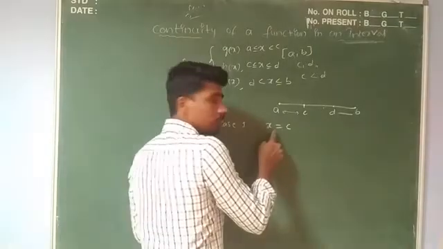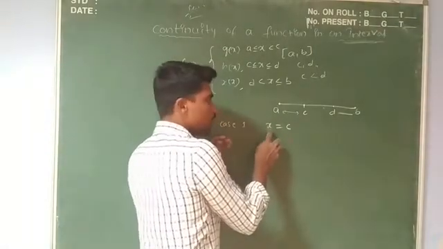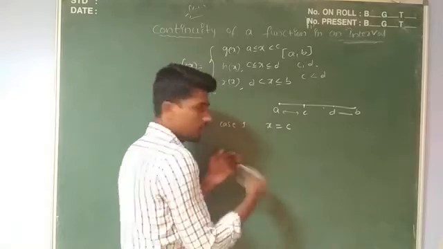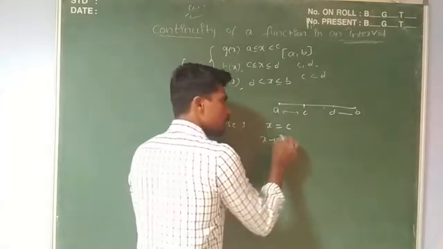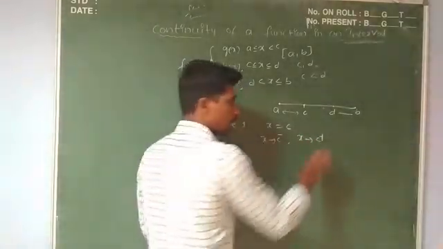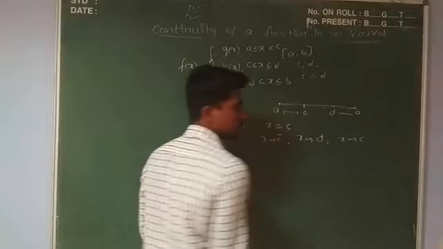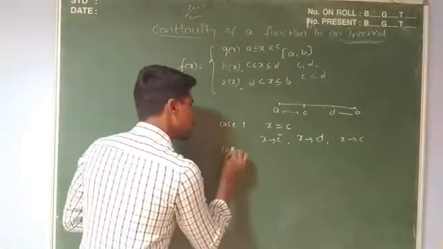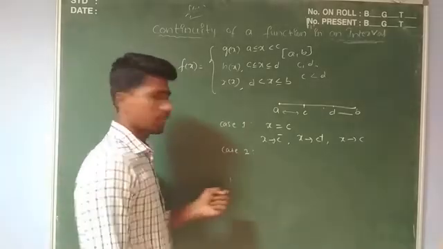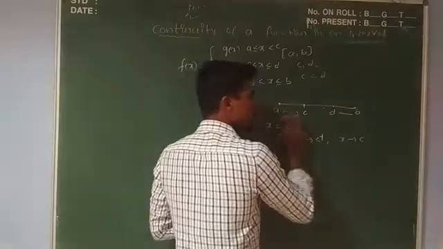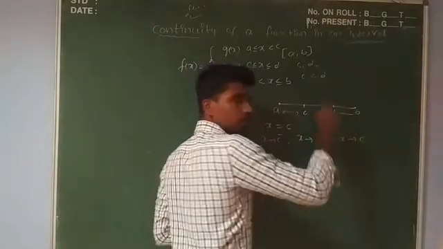If I want to say the function is continuous at c, I have to find the left limit at c and the right limit at c as x tends to c. So these three subcases will come in case 1. Next, case 2: d lies in between a and b, so the function should be continuous at the point d.